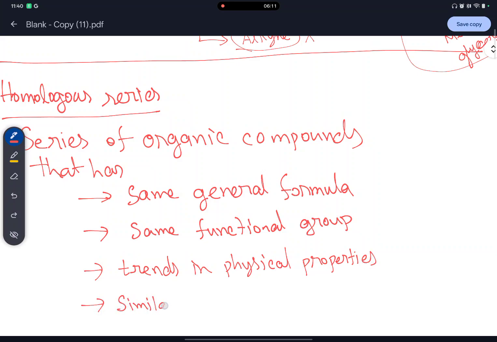Not the same, but similar chemical characteristics. Okay. So these were the four properties of a homologous series.